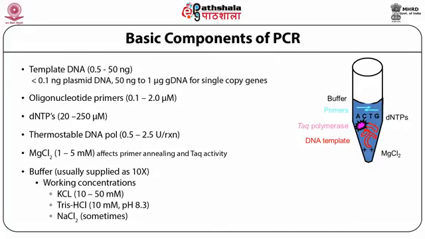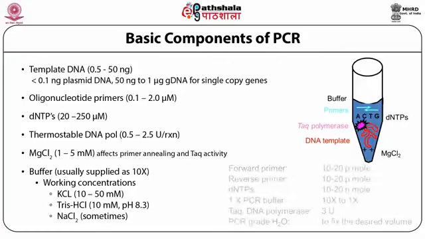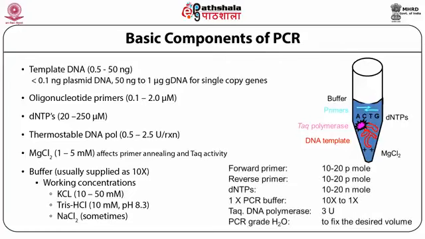In the master mix, apart from the DNA template, we mix all the components in one tube and equally distribute into different tubes wherever there is DNA. The master mix usually consists of forward primer, 10 to 20 picomole in concentration, reverse primer, again 10 to 20 picomole, dNTPs 10 to 20 nanomole, 1x PCR buffer, 3 units of Taq polymerase, and to make the volume appropriate, PCR grade water is required.